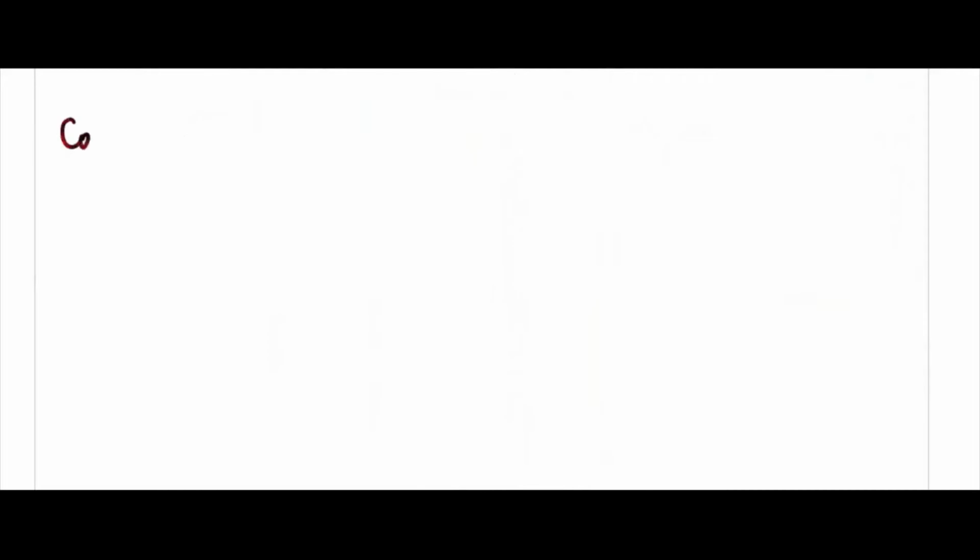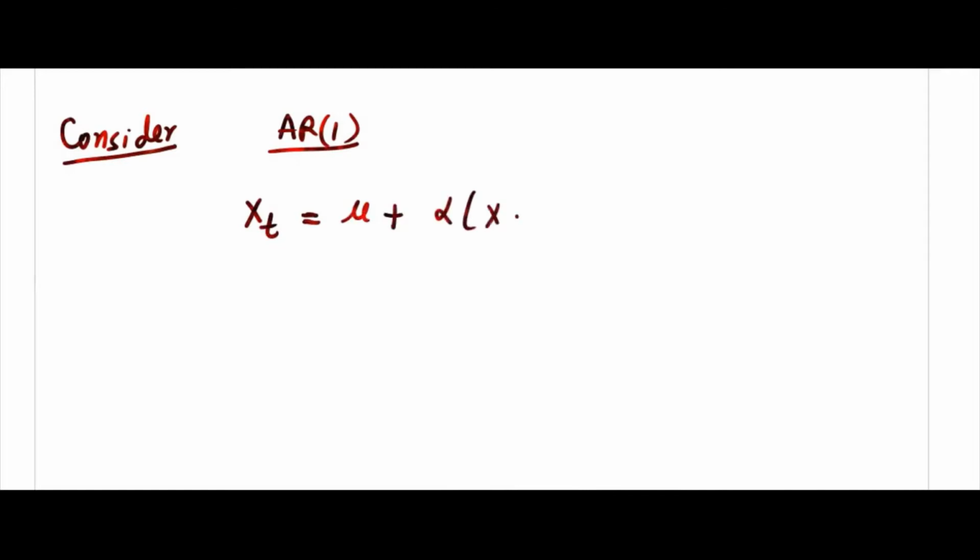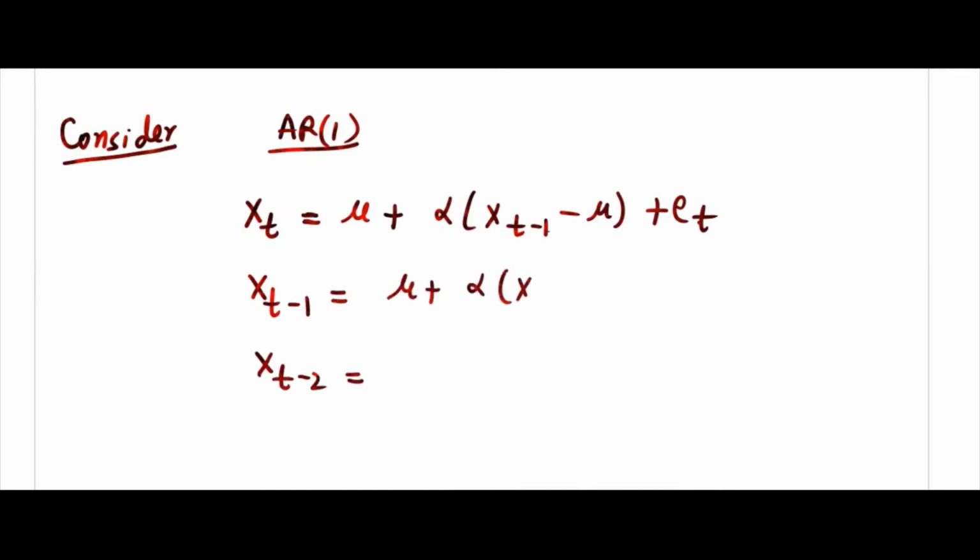Consider the AR(1) process, and we will write here Xt is equal to mu plus alpha times (Xt minus 1 minus mu) plus et. And this is a recursion relation, so you can find all these Xt minus 1, Xt minus 2. You just put values here. It will be Xt minus 2 plus et minus 1.